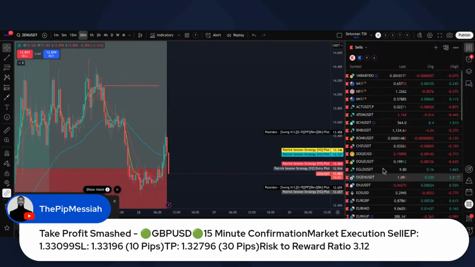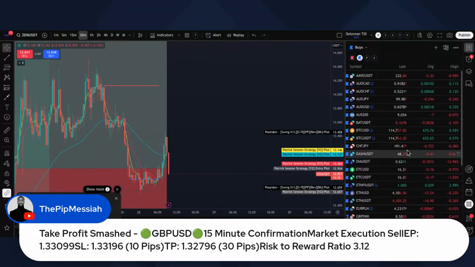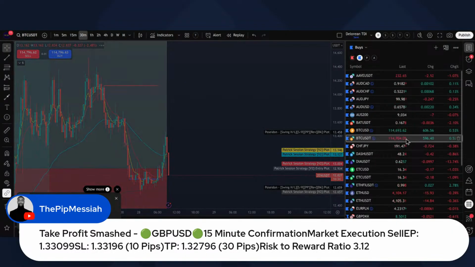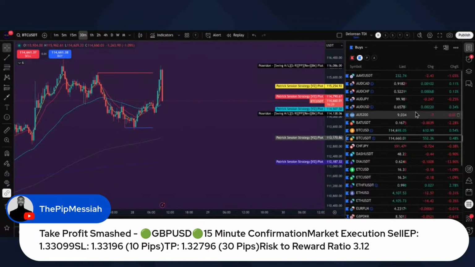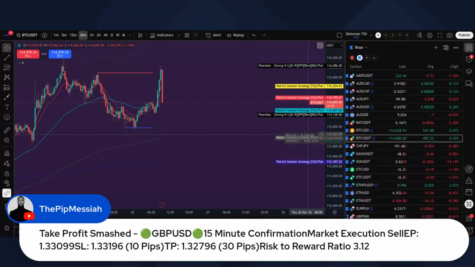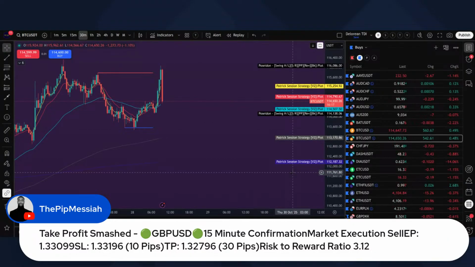Just did the same thing because of Bitcoin getting its butt kicked. So yeah, we definitely might end up getting that re-entry on Bitcoin. This is happening very fast. So again, we're looking for a break of about 114,200, another EMA cross, and another buy to recover this unhealthy price action right here.